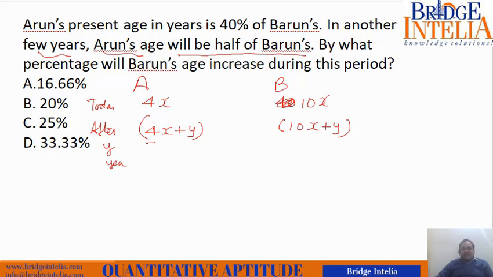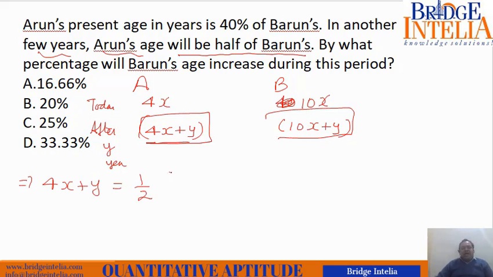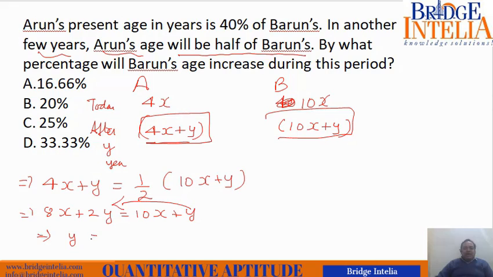So 4x plus y should be equal to half of 10x plus y. So 8x plus 2y is equal to 10x plus y. If you switch sides, y comes out to be equal to 2x.